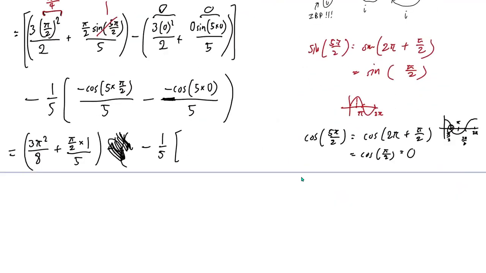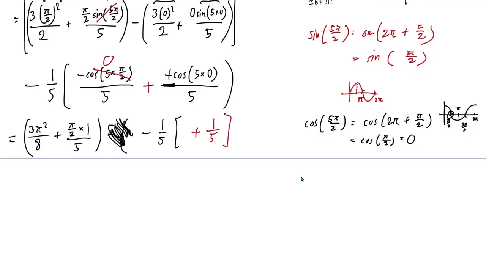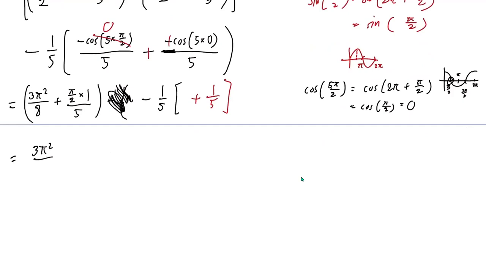All right, so that means this is negative 0 over 5. Okay, never mind. Don't just put this 0, and then just simplify straight away. Don't need to write 0. Then minus here becomes a plus. Cosine 0 is 1, so 1/5. Simplify. Finally, we get 3 pi squared over 8 plus pi over 10 minus 1 over 25.